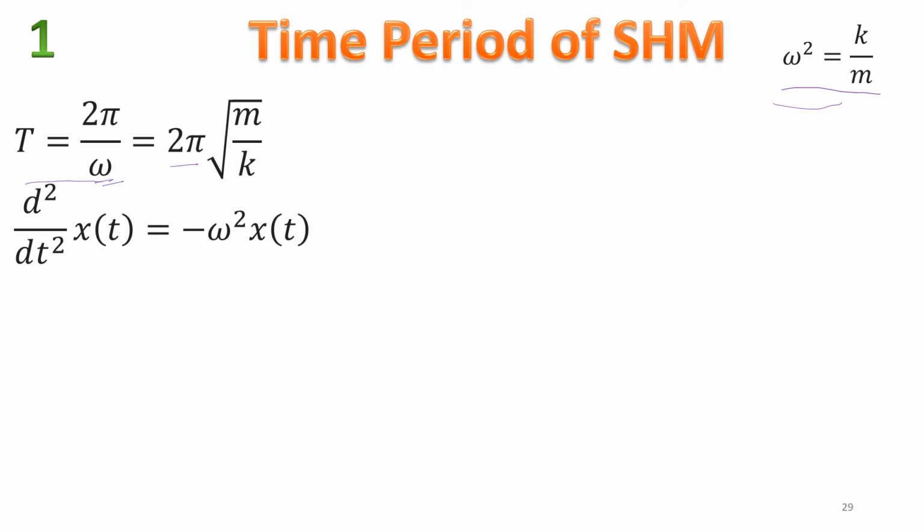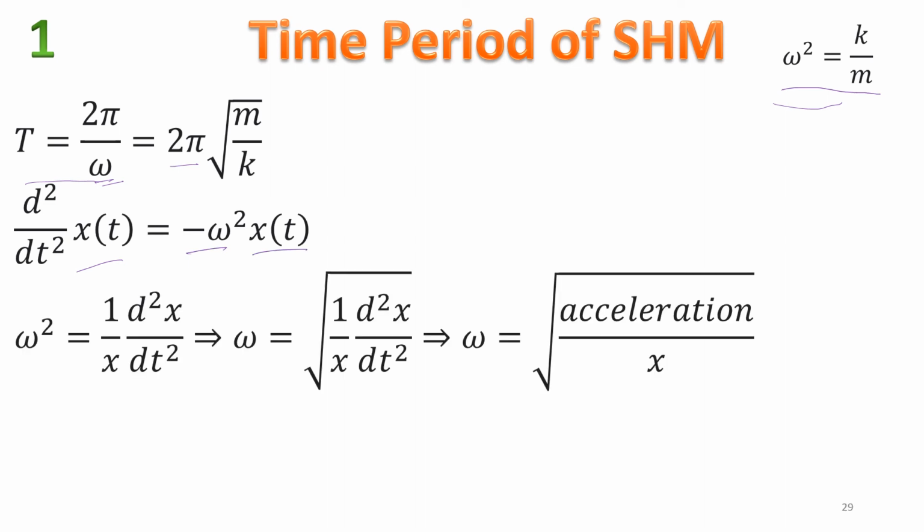So d2x by dt square is equal to minus omega square x of t. This is the basic differential equation. And omega square, we are forcefully rearranging this equation for omega square, because we are interested in this omega. Omega square is equal to 1 upon x d2x by dt square. So omega will be under root of 1 by x into d2x by dt square.